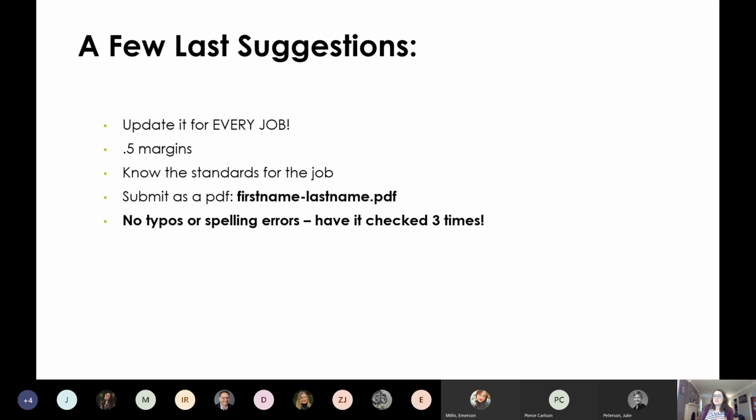And then lastly, just like I mentioned at the beginning, make sure someone's looked it over at least 3 times. You don't catch the errors that are on your materials as easily as someone else can. I have typos on my stuff all the time, which is a little embarrassing. I'm a little ashamed of this, but I'm really good at catching other people's stuff, and that's just how your brain works.